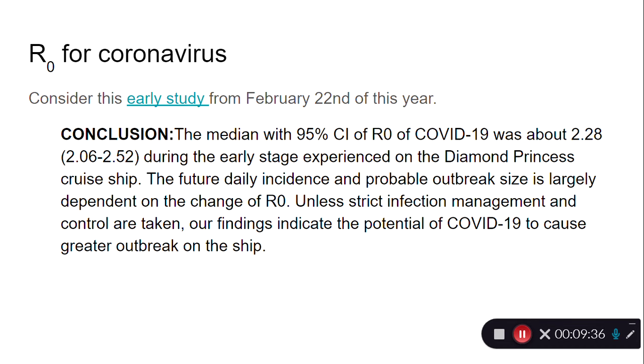Now, it's of obvious interest for coronavirus causing COVID-19 to know what the R0 is. And we'll talk about why, but basically the numerical value of R0 gives us an indication as to whether or not we would expect an outbreak, an epidemic.